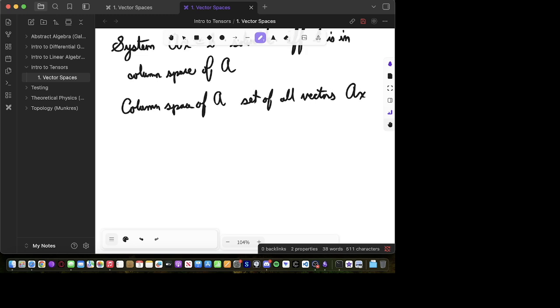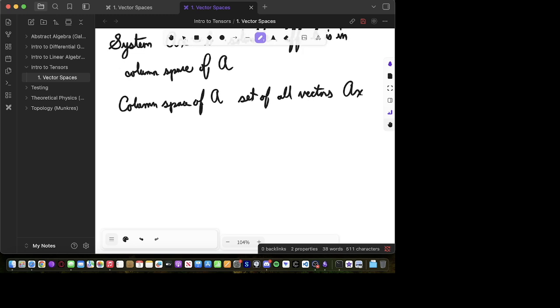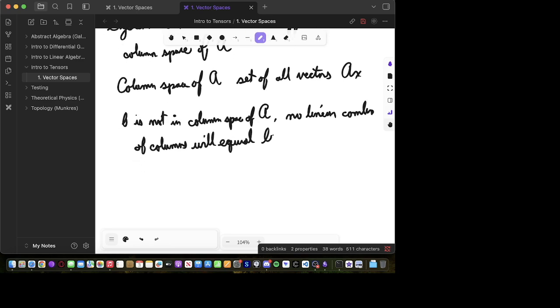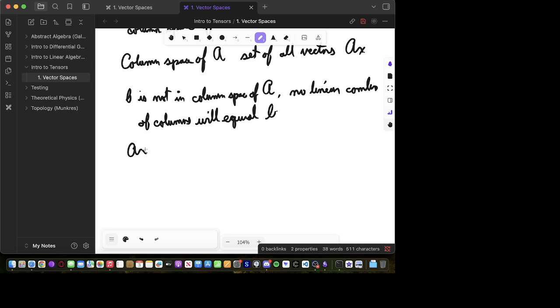More importantly, if B is not in the column space of A, then no linear combination of the columns of A will equal B. So no linear combo of columns will equal B. Therefore, AX equals B must have no solution by our above remark.